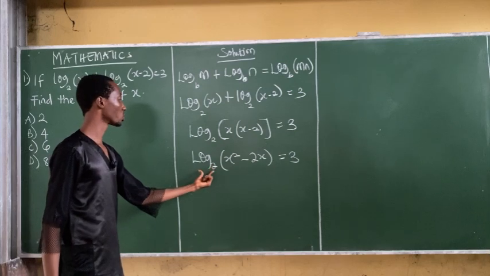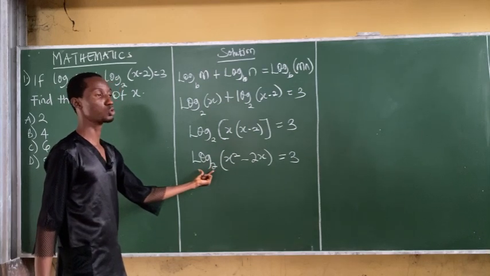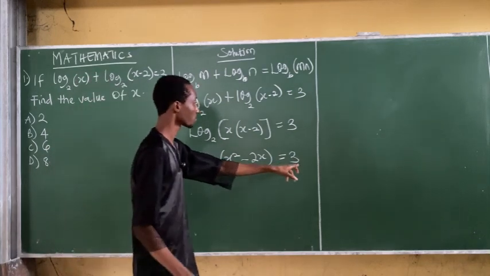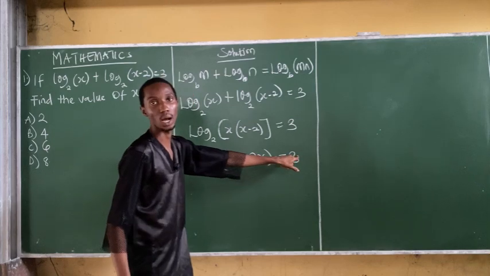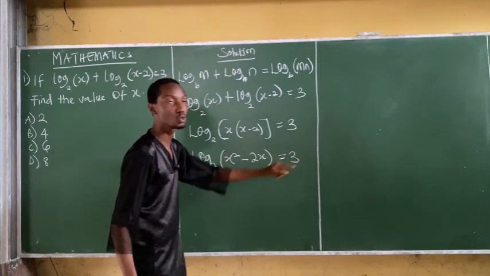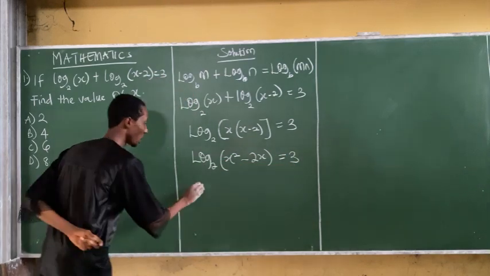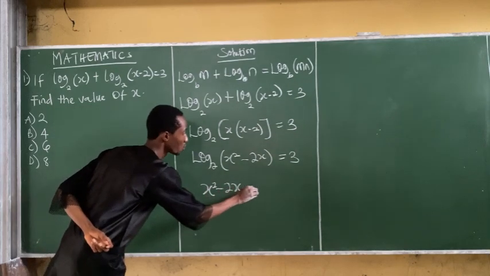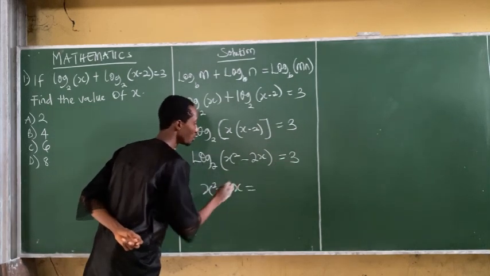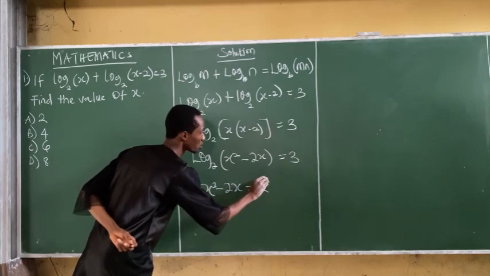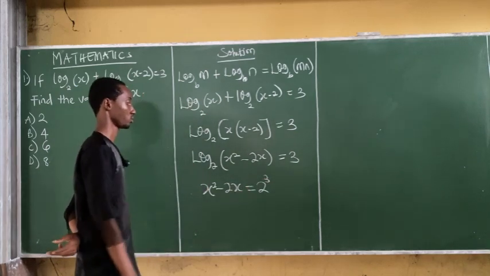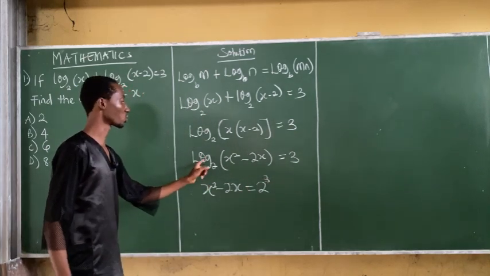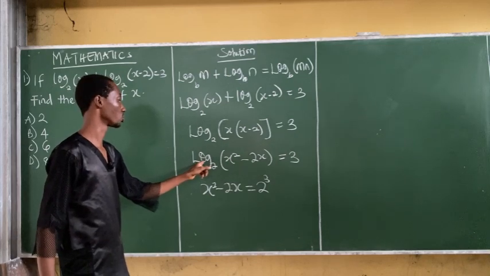Now, for us to take away this log base 2, we raise it as a power, so the base becomes 2, and this eliminates the log base 2.